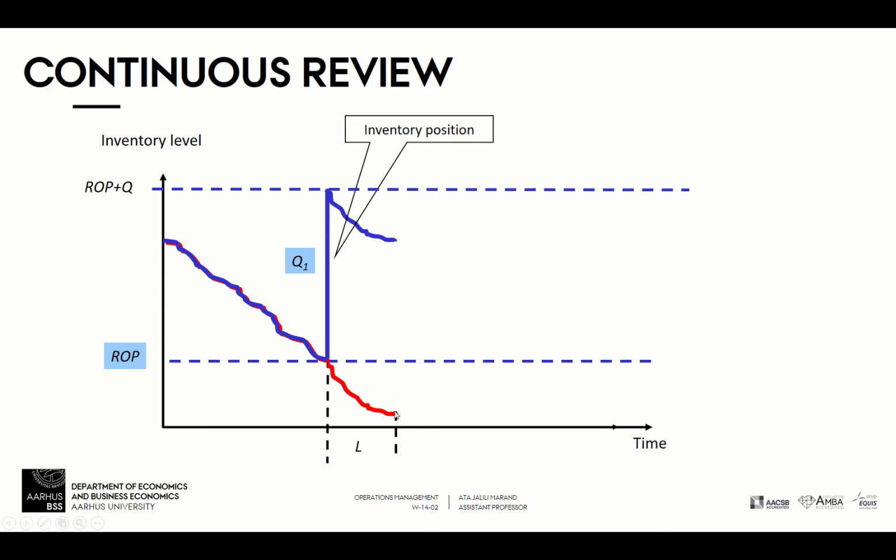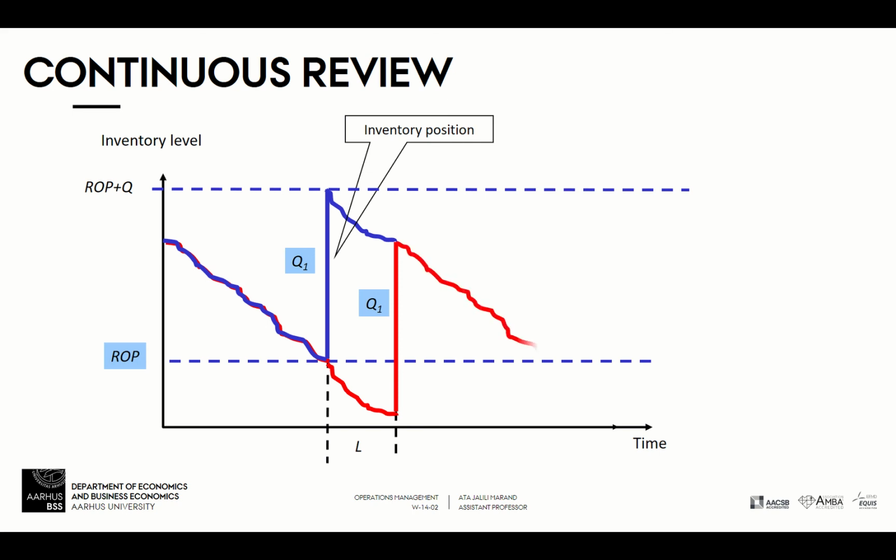But at this time we will receive the order, so inventory level increases by Q1 units and reaches the inventory position. Here we do not have any order that we have not received yet, so inventory position and inventory level are equal to each other.